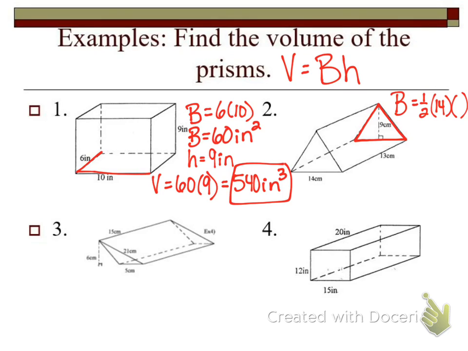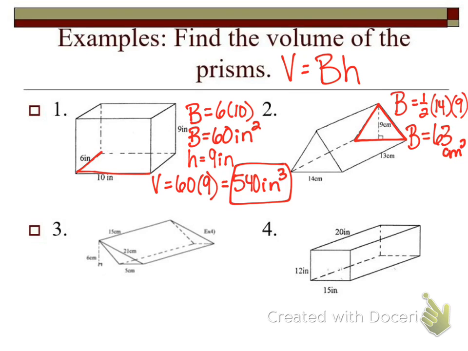How tall is just the triangle? 9. Good. So when we calculate capital B, the area of the base, 1/2 of 14 is 7 times 9. 63.